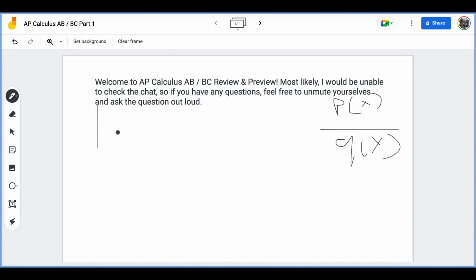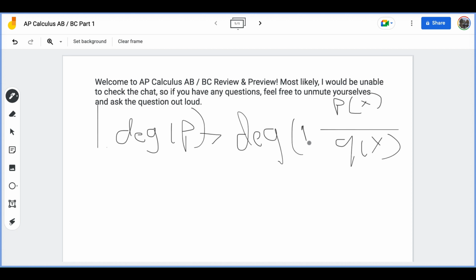If the degree of p of x is greater than the degree of q of x, then you're going to go to either infinity or negative infinity, depending on the signs of the leading terms of both of these. Leading term, again, is the first term, so if you have like 2x squared plus 1, the leading term would be 2x squared.